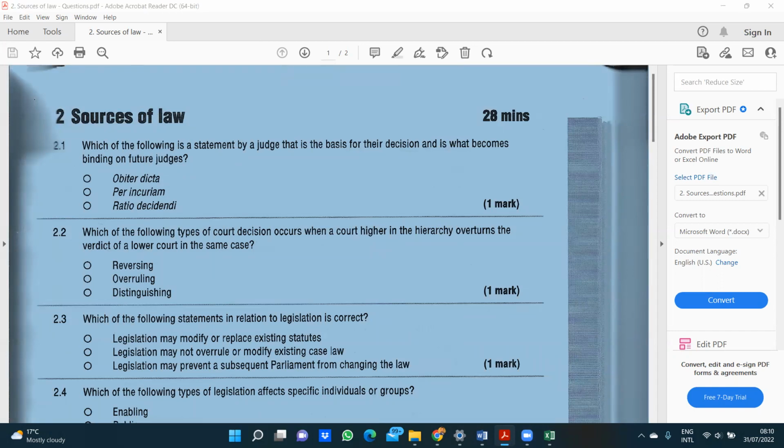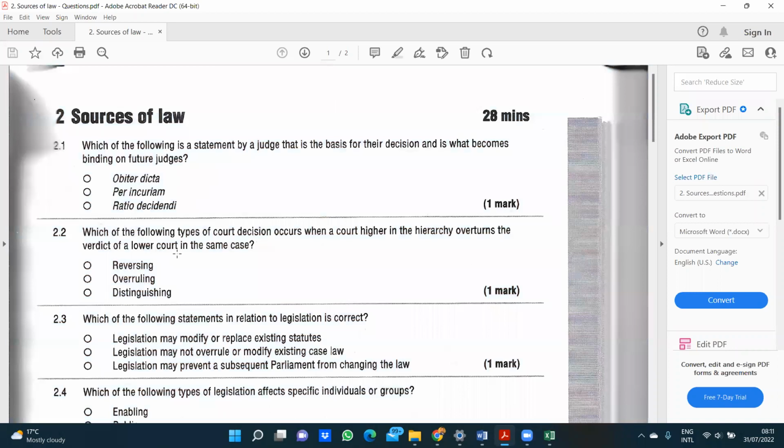Okay, can you see my screen? Yeah, that's perfect. Okay, first of all, before we start, do you have any questions on what we did last week? Right, that's good, that's perfect.